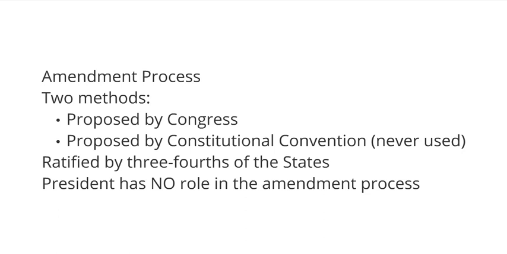The second way that an amendment can make it into the Constitution is for a constitutional convention to be called. If a constitutional convention is called, then each state must send delegates to a location, and they then discuss and change and modify the Constitution.